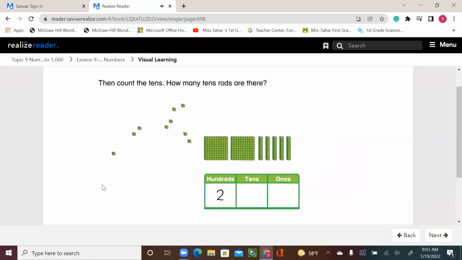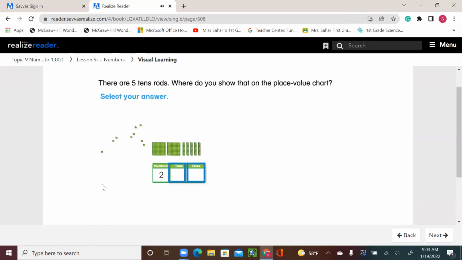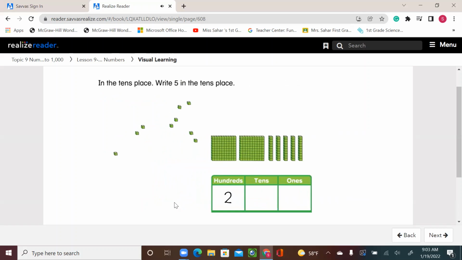Then count the tens. How many tens rods are there? There are 5 tens rods. Where do you show that on the place value chart? Over here, under the tens. In the tens place. Write 5 in the tens place.